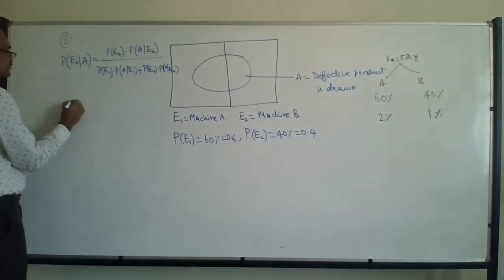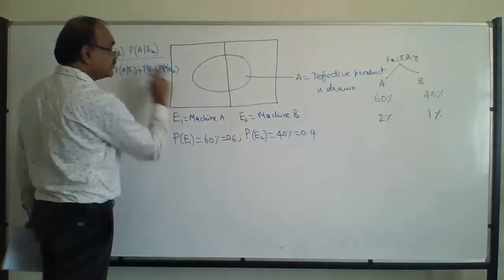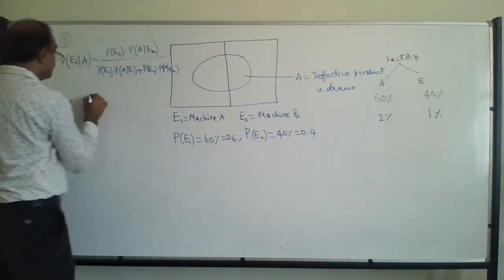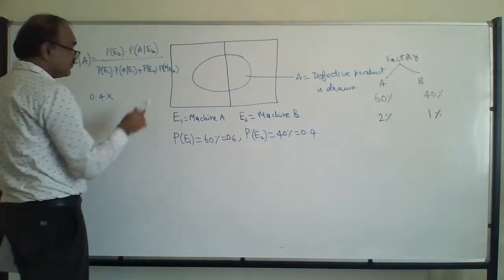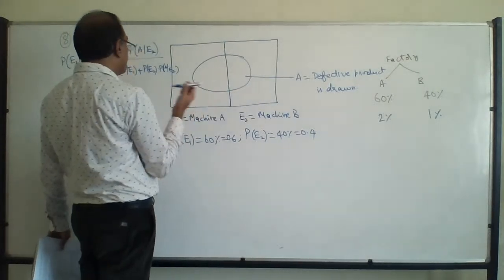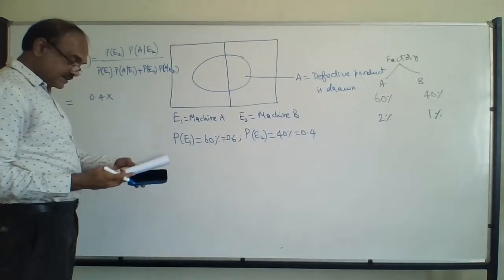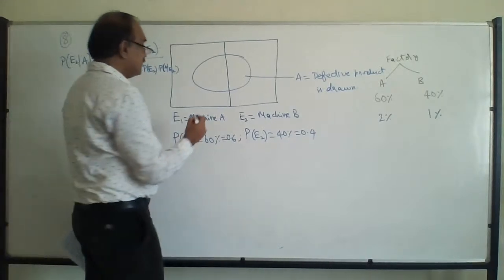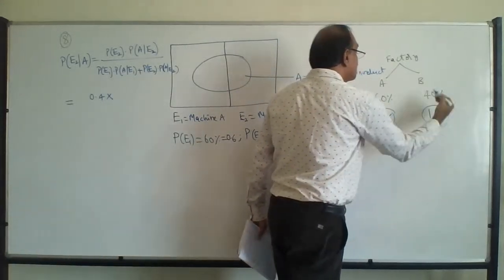Denominator you will get everything like this. Okay, now let's substitute the values. What is the probability of E2? First is E2. That is 0.4. And they also have said, suppose the product is coming from machine B, what is the probability that it is defective? That they have given. That is 1%. Here 2% defective from A. From B, 1% defective.